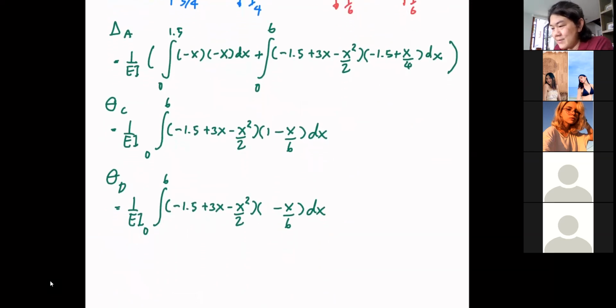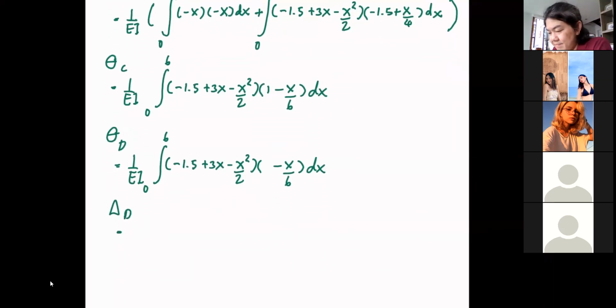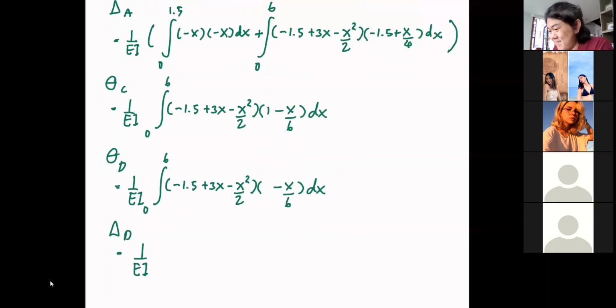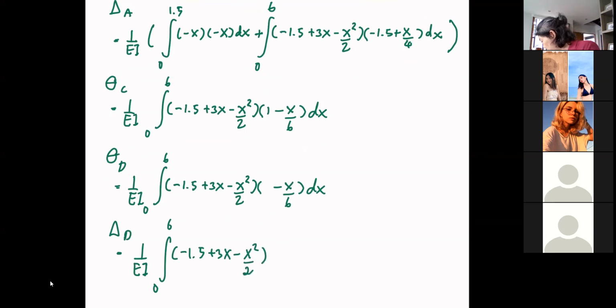And the last one is delta D. The last one, we have now 2 terms, so I better write them. It's 1 over EI. And because this one is long, but anyway, 0 to 6 of minus 1.5 plus 3x minus x squared over 2, and then multiply by the minus x over 2, right?